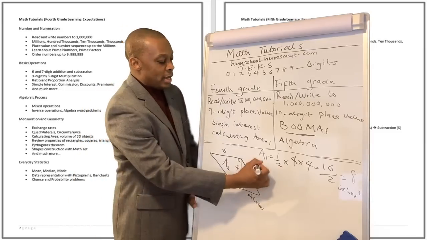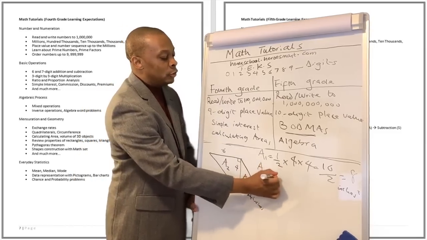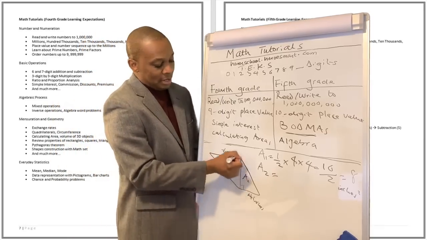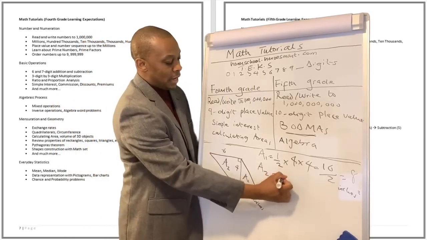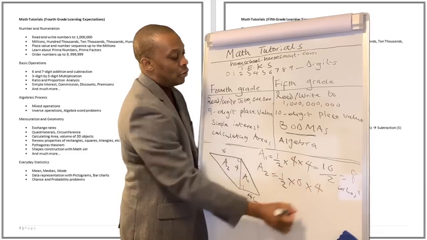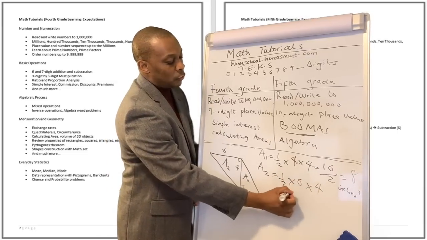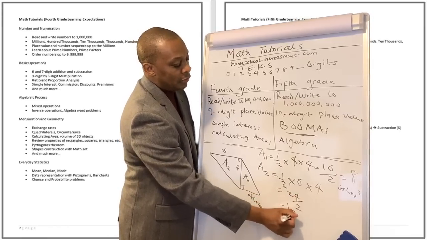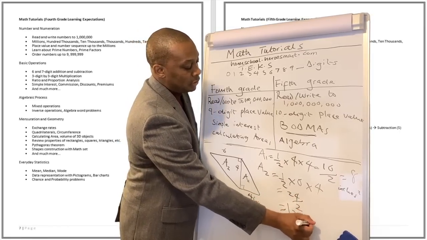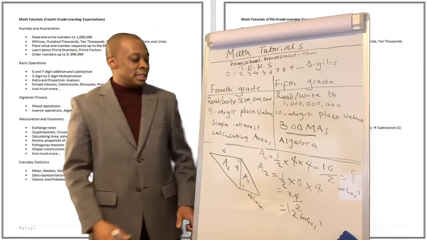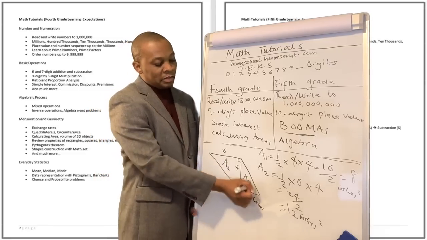All right, what about A2? So my A2 is going to be equivalent to half of this base multiplied by the height, which is going to be half multiplied by 6 and then multiplied by 4, which is going to be equivalent to 24 divided by 2, which is 12 inches squared. All right. So then I'm going to ask myself, what's the area of this funny looking shape over here?